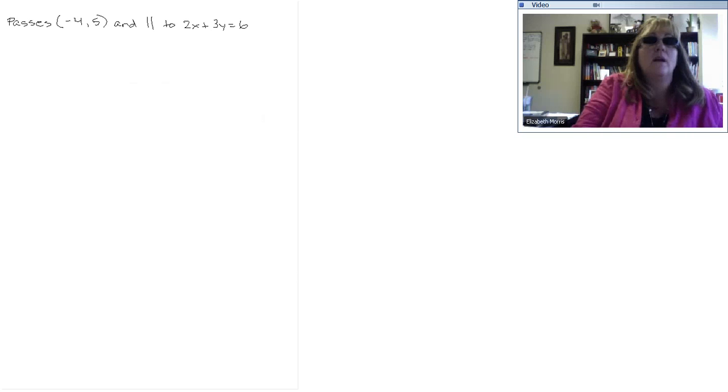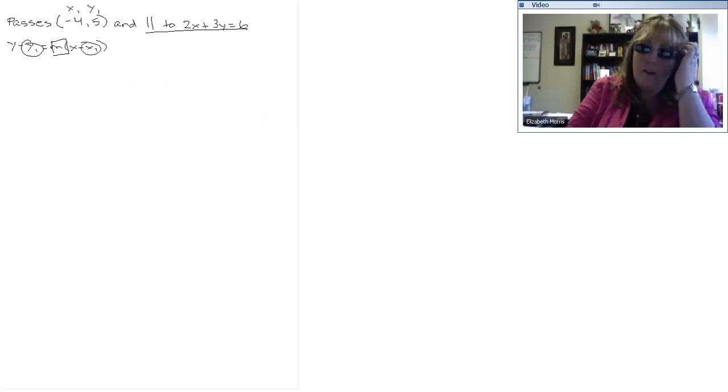Okay, remember I need y - y1 = m(x - x1). I need a point, got it, and I need a slope. Well, I don't have a slope, but I can find a slope from what else they've given me. They said parallel to this.